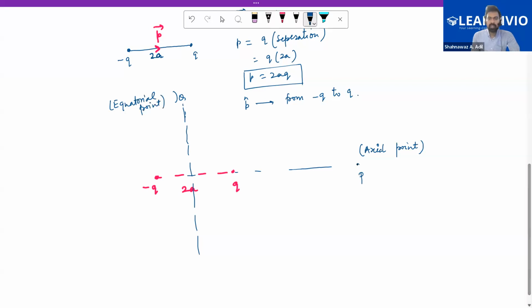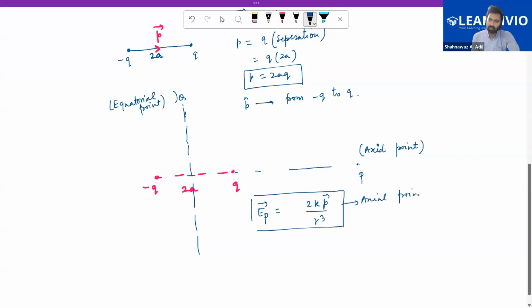So if we calculate the electric field at this point, EP, I will write the magnitude or the vector as well. EP is simply 2kP by r cube. So this is the electric field of the dipole at the axial point, right?